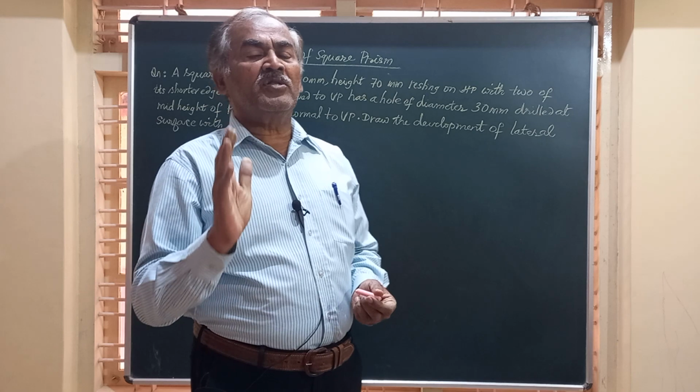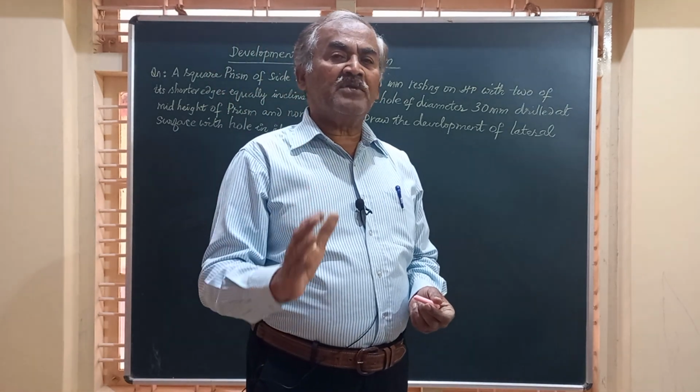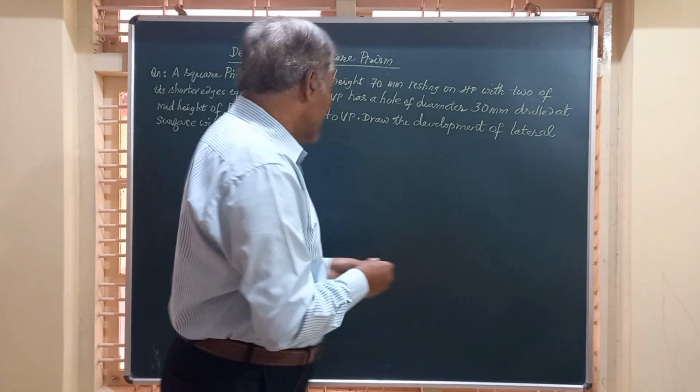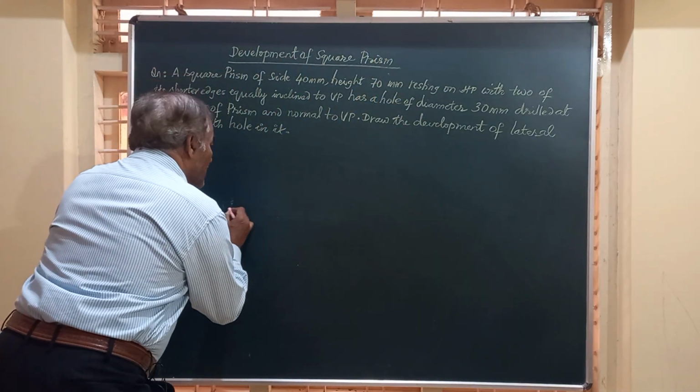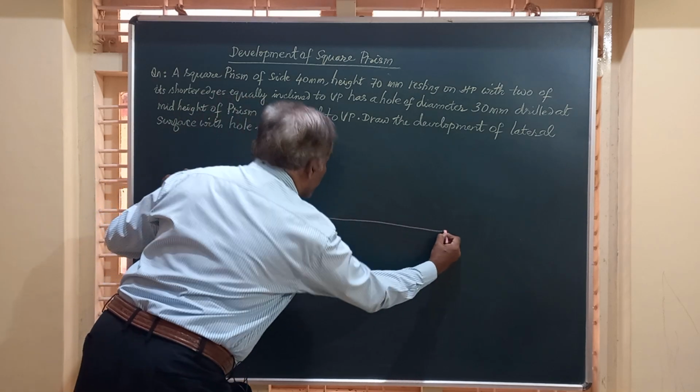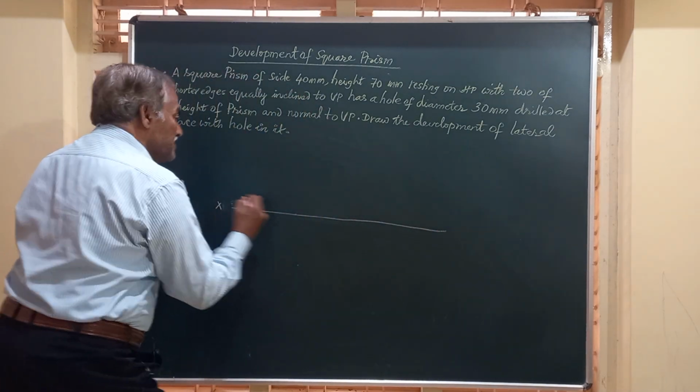First of all, we'll draw the initial position, that is the front and top view of the prism for the given condition. I mark the XY line here, which represents the line of intersection of HP and VP.